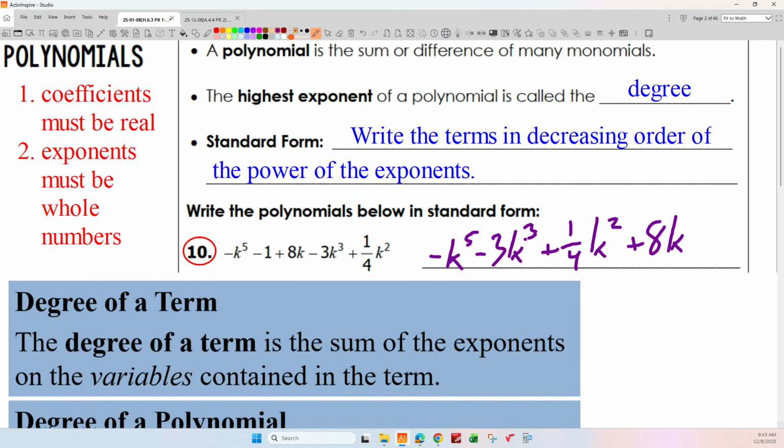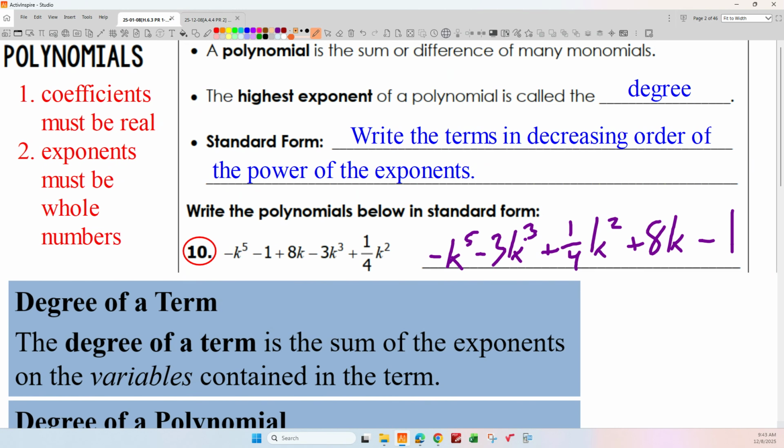Plus 8k minus 1. Okay, so what about that minus 1? What's the power of k that goes with that one? We just don't write it, but it's actually there.